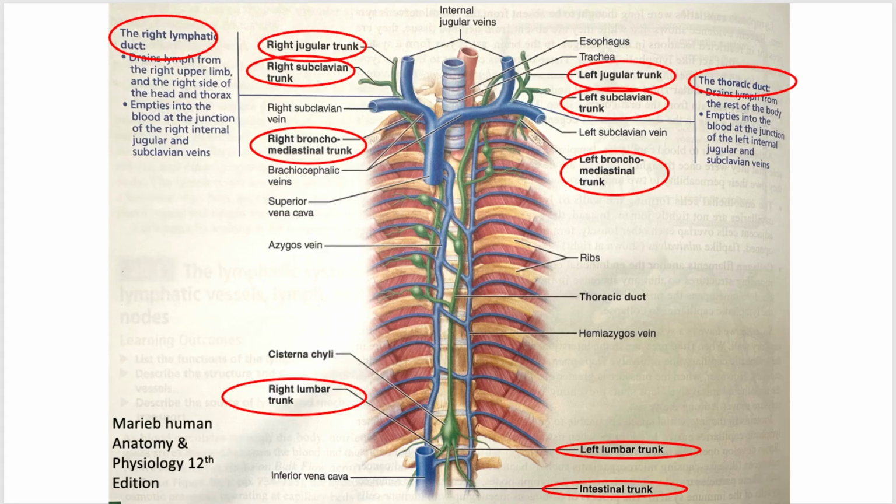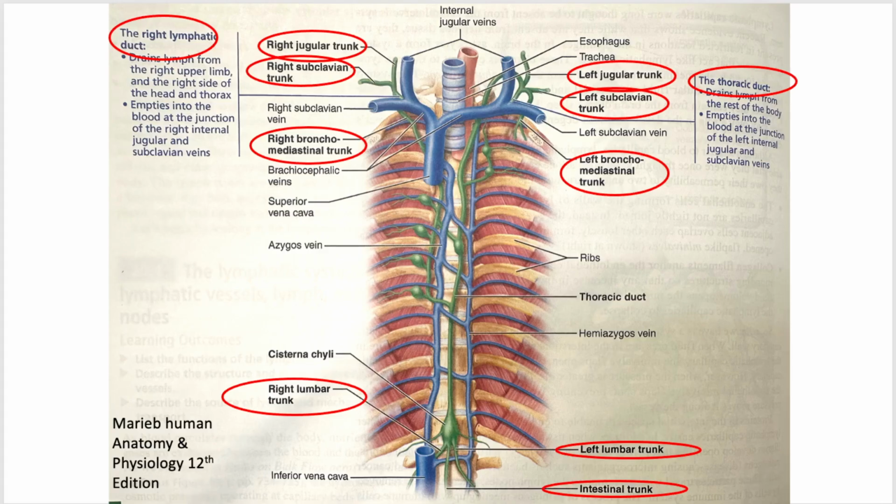So this is an outline diagram from your textbook as well. And what we see here is that the largest collecting vessels eventually unite to form what we call those lymphatic trunks. So the lymph drains from those paired lumbar, bronchomediastinal, subclavian, and jugular trunks, and the single intestinal trunk.